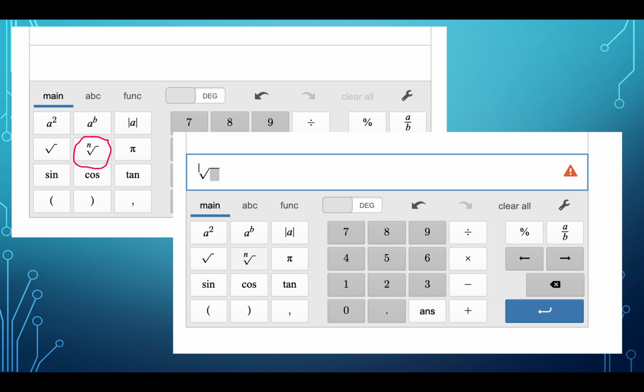It has you fill in what you're looking for: whatever index for that root you're working with, and then you put the number in this gray box, and then hit this blue button, and it would give you your answer.